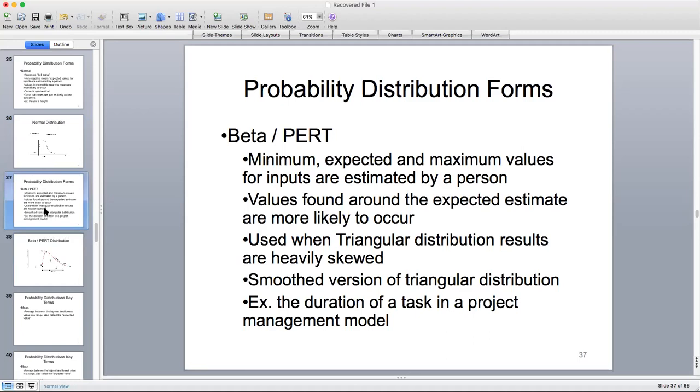In project management, we use a beta or PERT distribution, which is a 3-point distribution. It's a special kind of distribution. There are two ways to discuss PERT. The first one is the distribution itself, meaning the values from the lowest, or the most pessimistic if you're talking about cost, or the lowest payoff in terms of a profit-based situation.